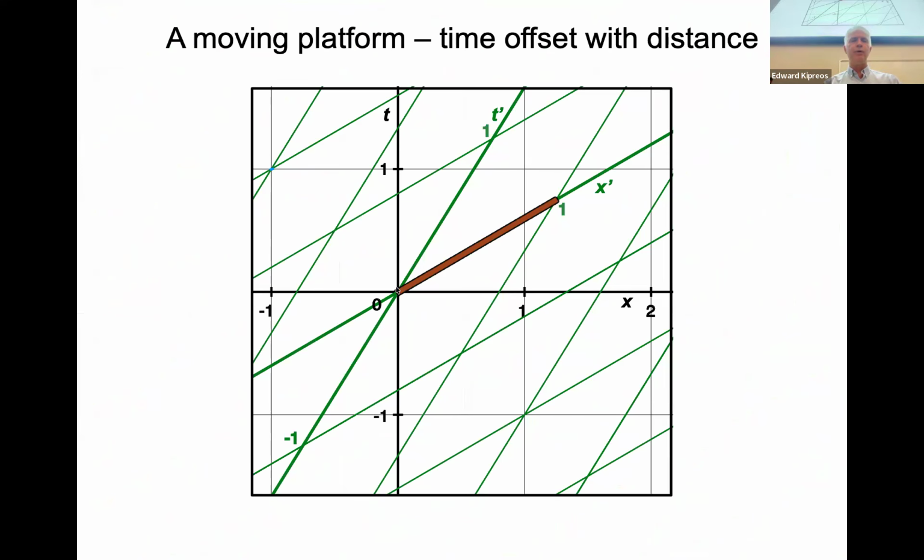So here we're looking at a moving platform, and it's going from 0 to 1 light seconds in the moving frame. And what we're looking at here are earlier manifestations. It's moving like this along that track. This is an earlier time, a later time, a later time, a later time, and this is the latest time. Now we're going to put a stationary observer at the origin at time 0, and he's going to be looking across.